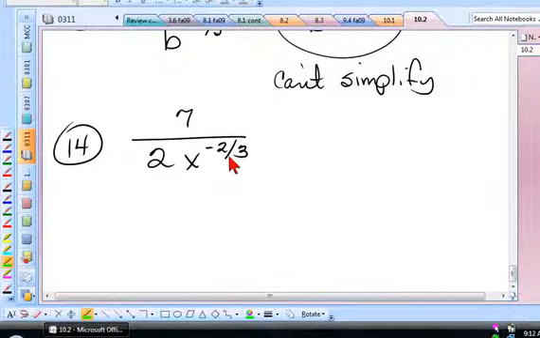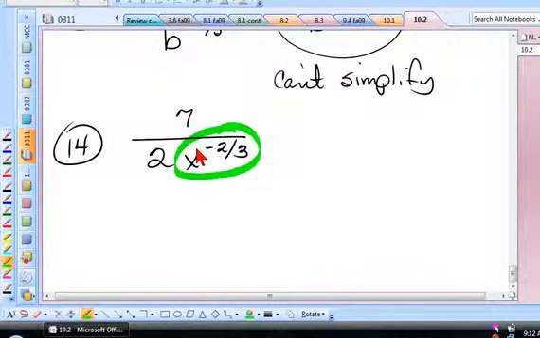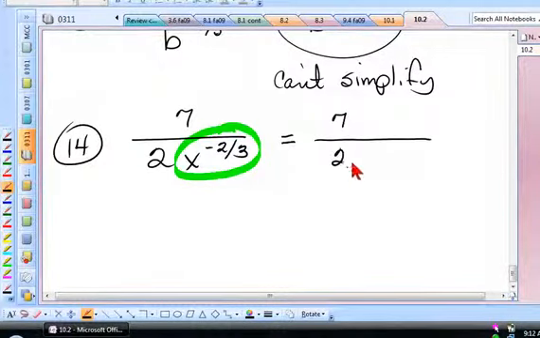What is being raised to the negative 2/3 power? Just x. How do I know the 2 wasn't being raised? No parentheses. Okay. So, does everybody agree that only the x to the 2/3 moves? The 7 stays where it is. The 2 stays where it is. The x to the 2/3 moves up here and becomes x to the positive 2/3.